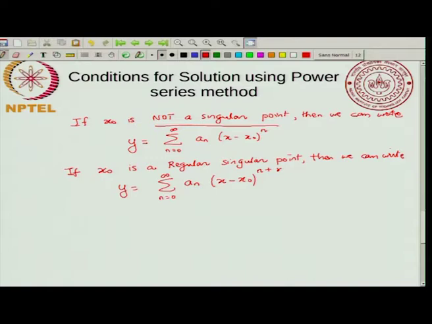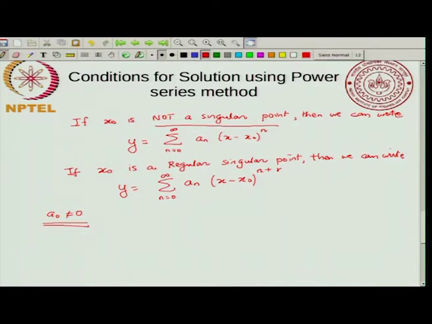Here r is some real number, and you can do the power series method, which we will illustrate in the next lecture. When you solve this using the power series method, you will get a0 not equal to 0, because if a0 is 0, then everything goes to 0.